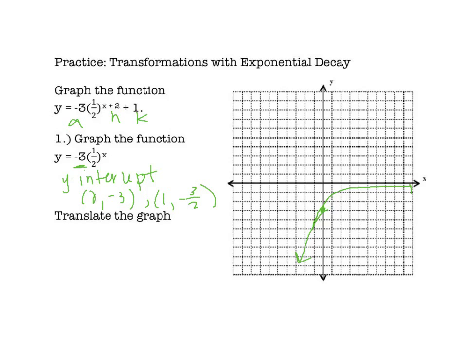And then the next thing that I want to do is translate this graph. So because my h is a positive 2, I'm going to move that entire graph 2 units to the left. And because my k value is a positive 1, I also need to move that entire graph 1 unit up.